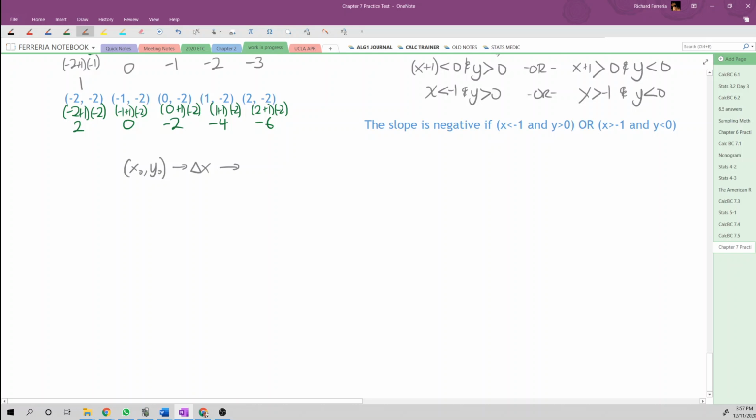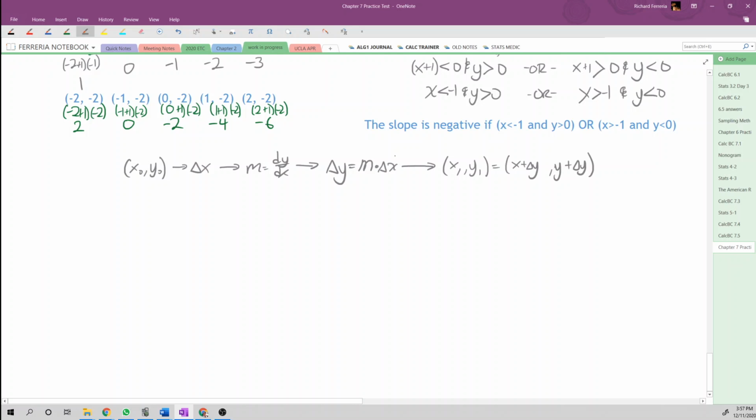Then we calculate the slope, which is, by the way, m, or dy/dx. And then we calculate delta y, which is m multiplied by delta x. And then we calculate x1, y1, which is x plus delta x and y plus delta y.